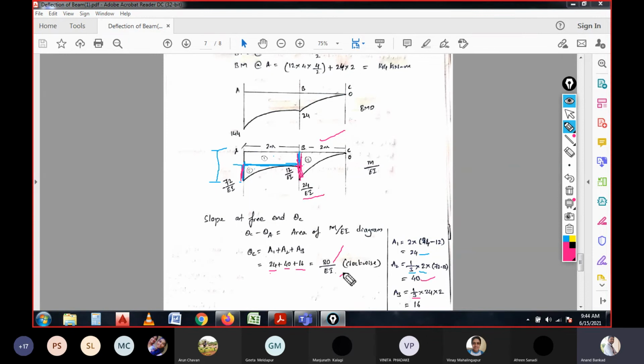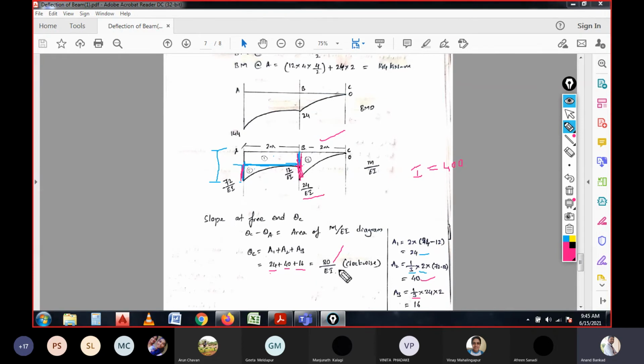If the EI value is known, we can substitute the EI value. Here we have already considered the 2I and I values, just we need to substitute the value of I. If the value of I is 400, then it will be 2 times 400 here, and 1 time 400 there, like that.